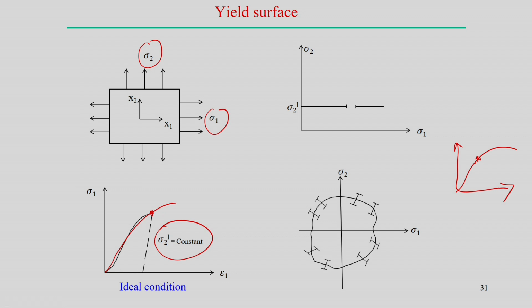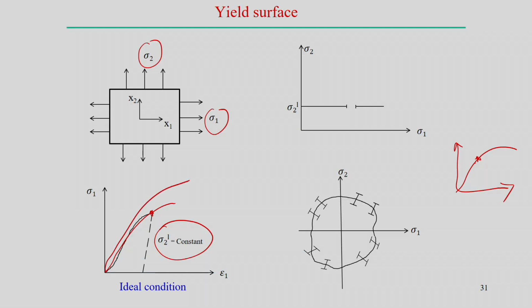Now, if we change the sigma 2 value, increasing or decreasing it to the next level, and again conduct the tensile testing, then we get a similar curve that may be different. This is for different values of sigma 2. So at different values of sigma 2 we get different stress versus strain curves, that means sigma 1 versus epsilon 1.